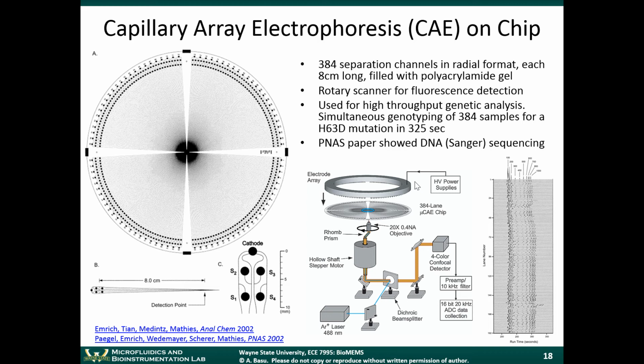In order to prevent the centrifugal flow, they filled the channels with polyacrylamide gel. If you have gel in the channel, then there's not going to be much flow. Yes, I'm glad you brought that up. So yeah, the channels are 8 centimeters long, and they're filled with the polyacrylamide gel.